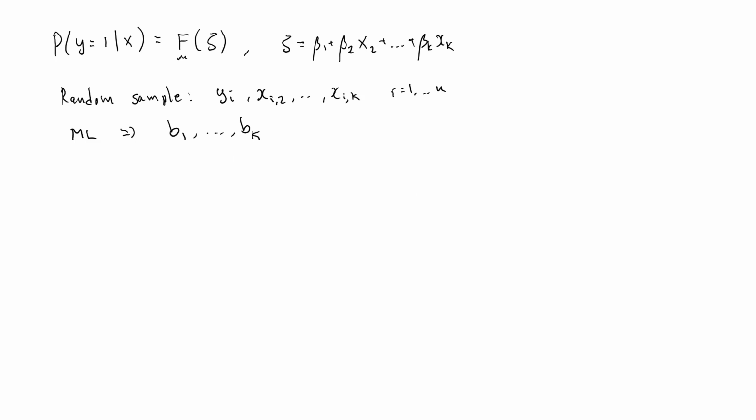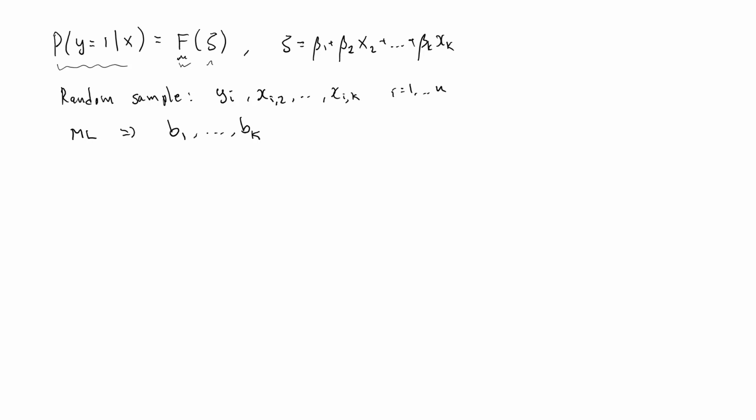Remember that the actual probabilities are equal to this function F of my zeta value. Now I have an estimate of my zeta value, which is my z value. So if I plug my z value into the function F, I will get estimates of my probabilities.